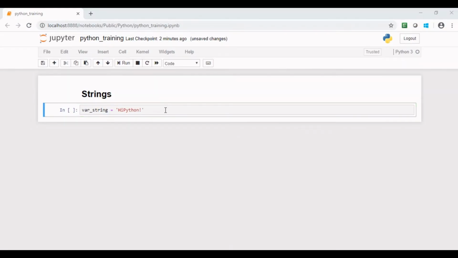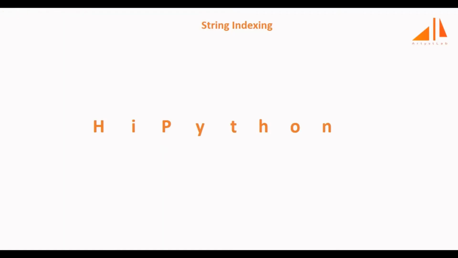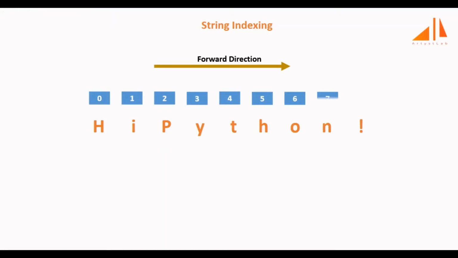If you want to access elements or characters of this string, you can use the slicing operation. Many developers very frequently use the slicing operation to extract parts of a string. Let's understand the slicing operation. We can index elements of this string like this.